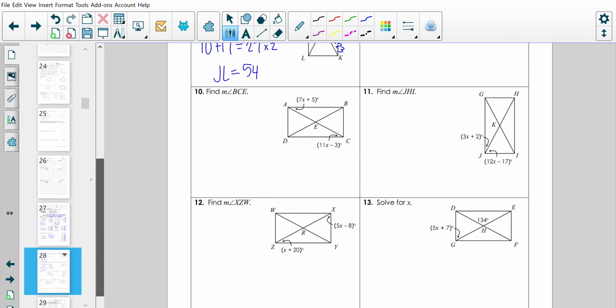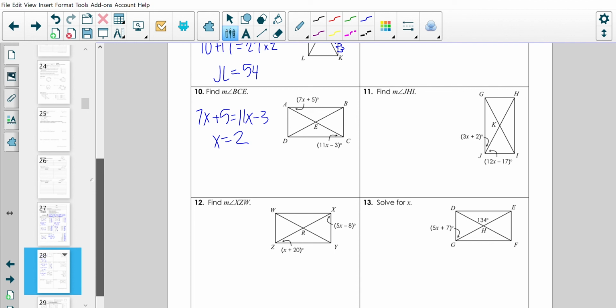Number 10. What do I do? Set them equal. What do you get for x? And then it asks me for BCE.